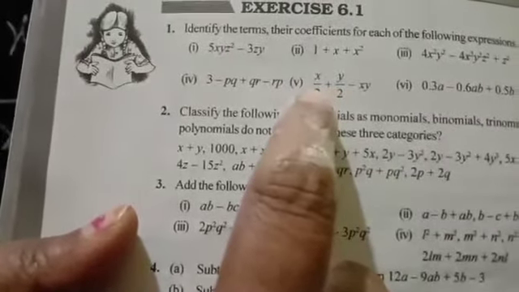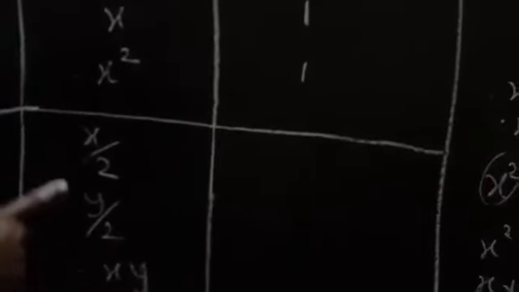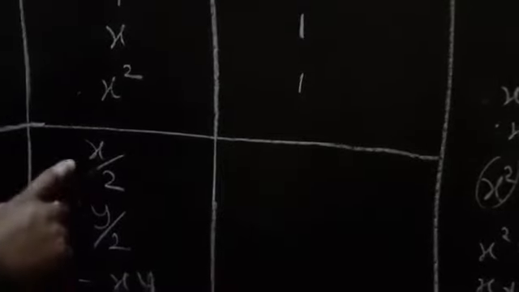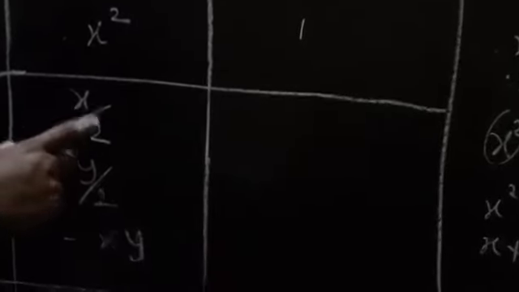Fifth one is x by 2 plus y by 2 minus xy they have given. So what is the coefficient we have to write for this and how many terms do we have? So this is one term, second term, third term. So we have 3 terms. Those 3 terms I have written in this. So what is the coefficient of this? Without the variable we have to write.